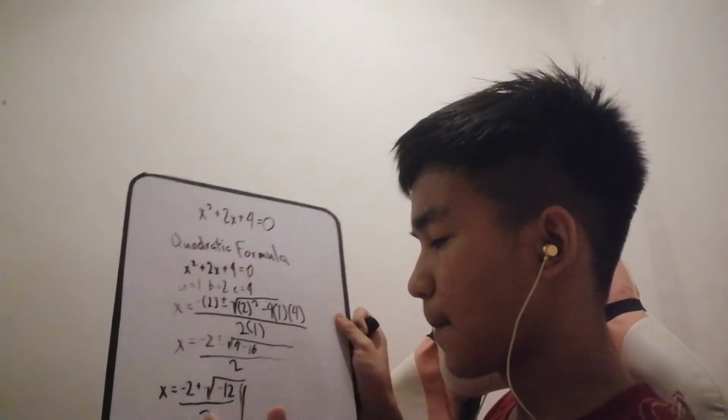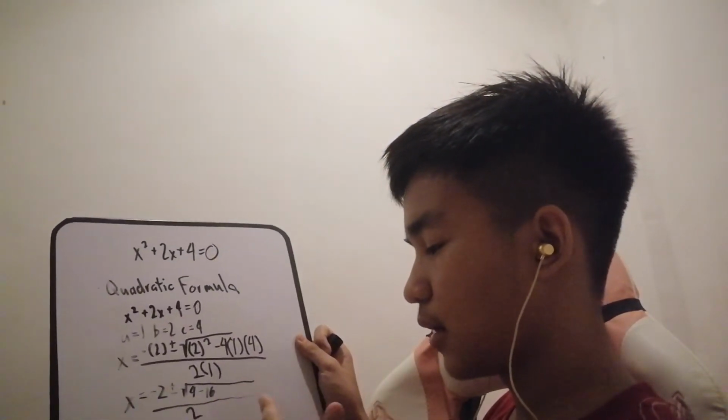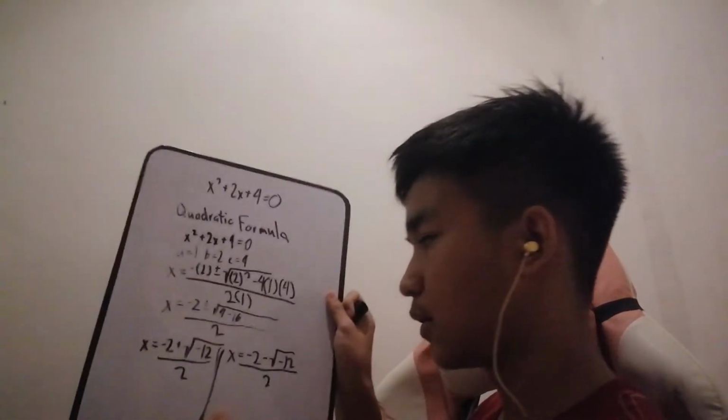There. Our second solution will be x equals negative 2 minus the square root of negative 12 over 2. It will be like this.